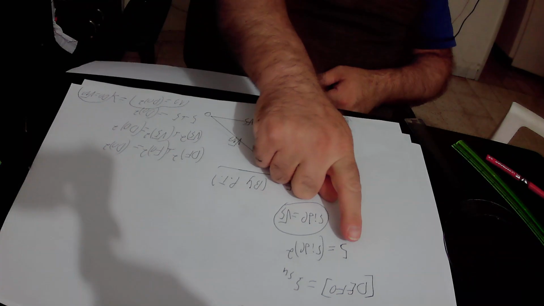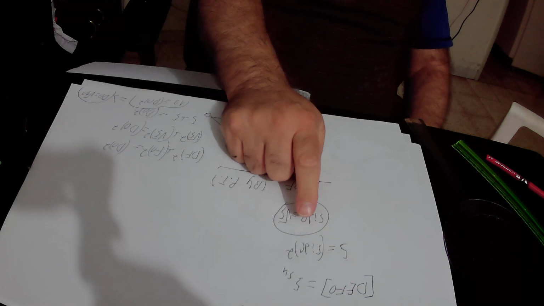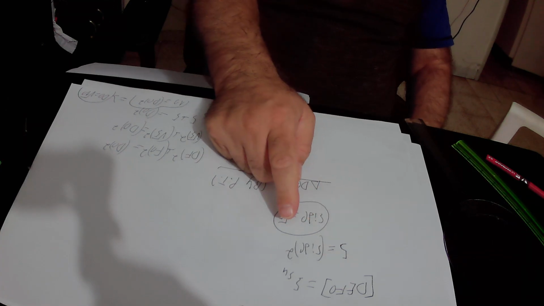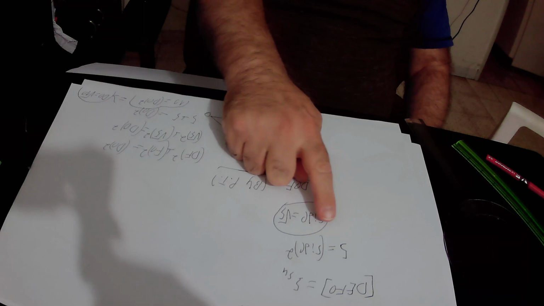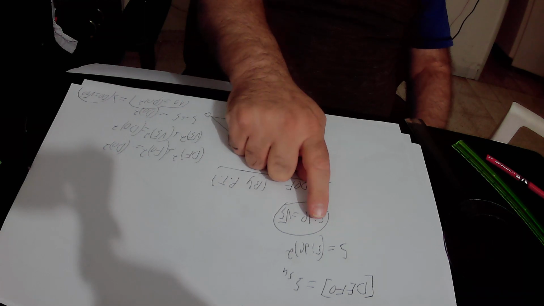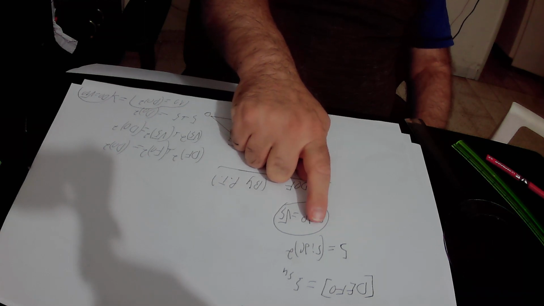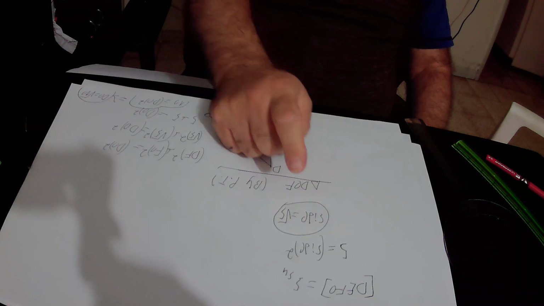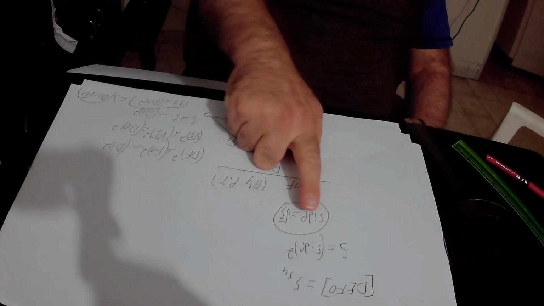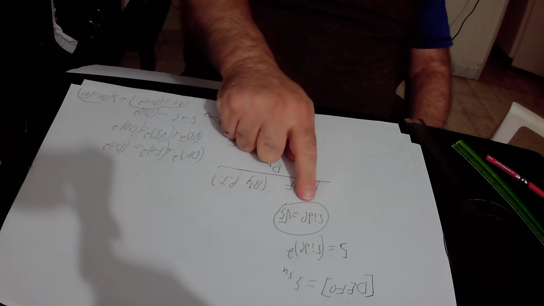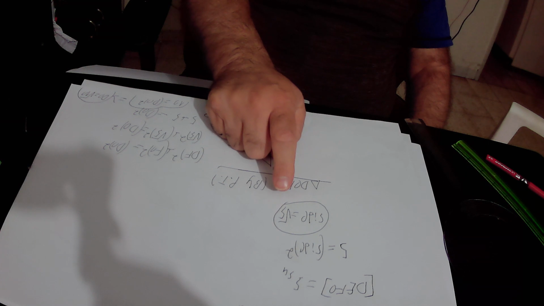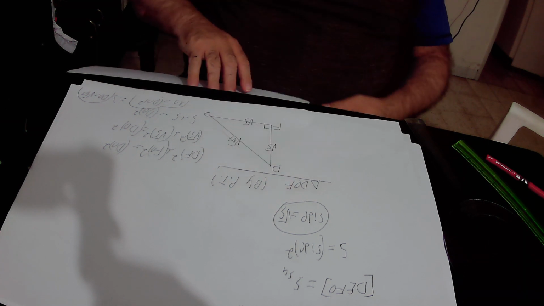The area of square DEFO equals the side squared. And we know that the area is 5, so we can write down that the side squared equals 5 square units. We took a root of this equation and we found out that one side of square DEFO equals the square root of 5 units.